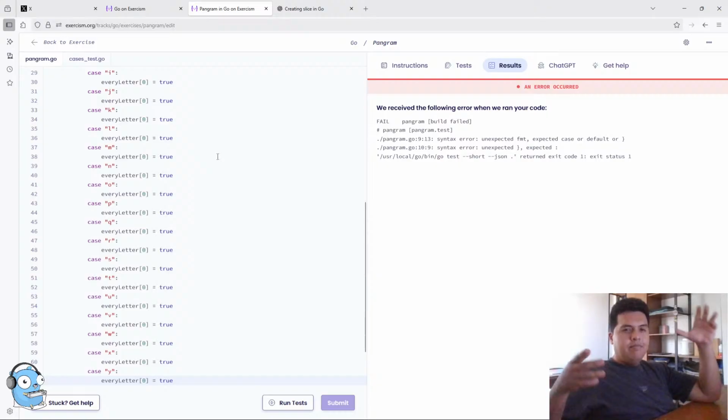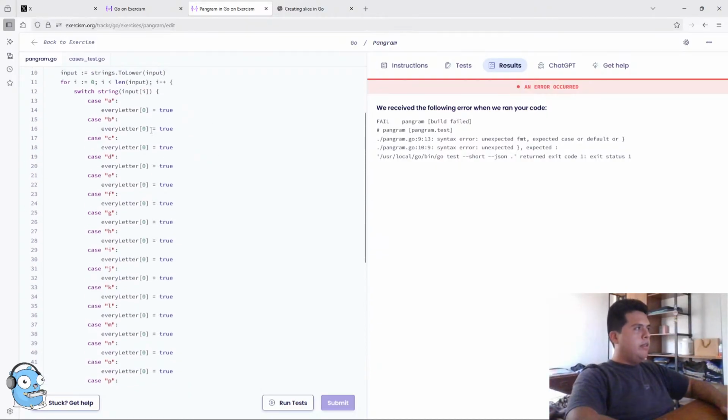I know it's a pretty huge switch, but it's an easy way to complete this exercise, so I don't mind it.